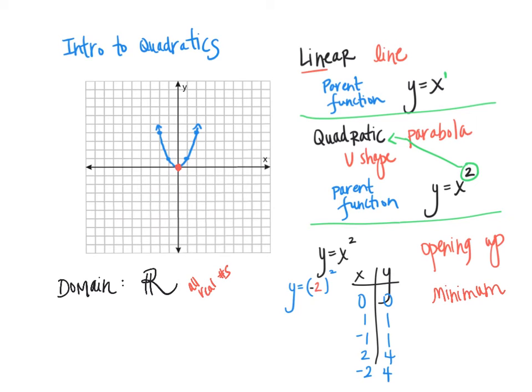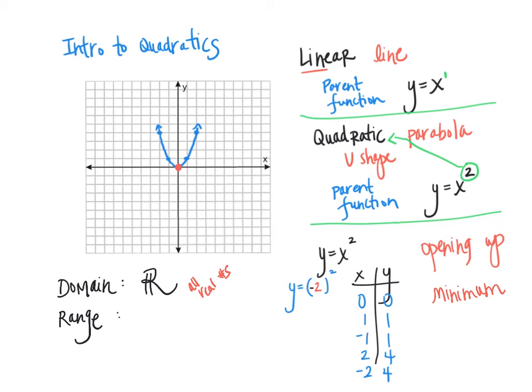Now the range means all the y values. So ask yourself, how would I describe all the y values? Well, you do have a minimum y value. And notice what your smallest y value is. That is 0.